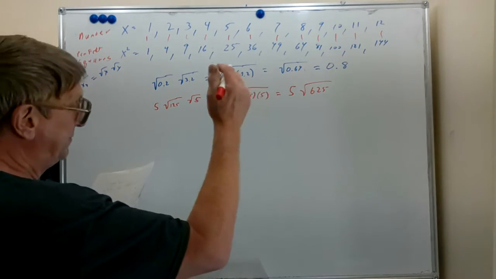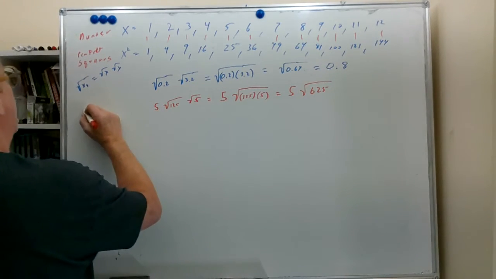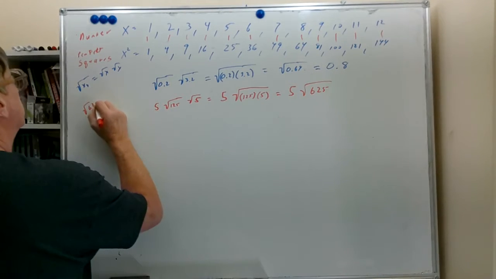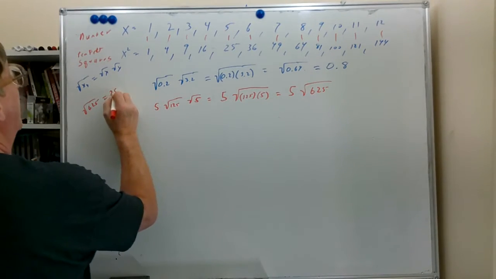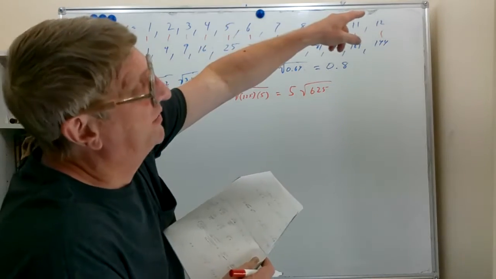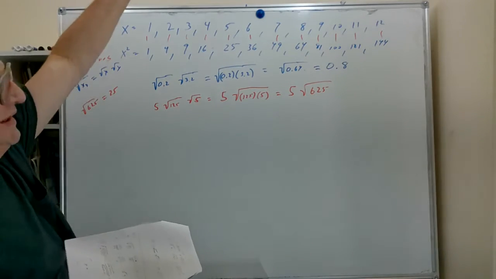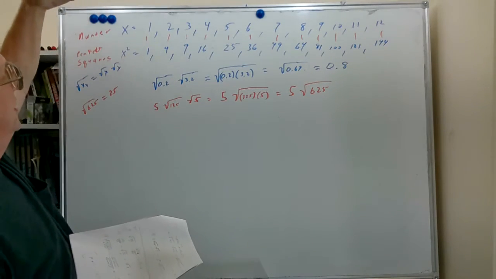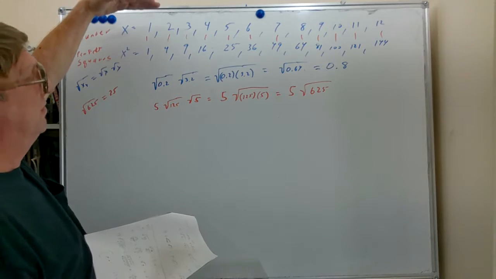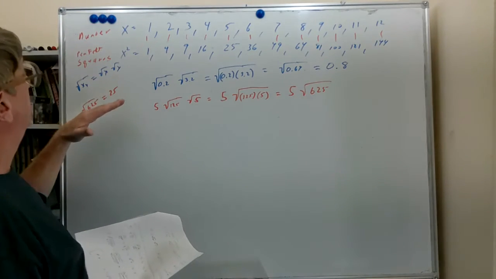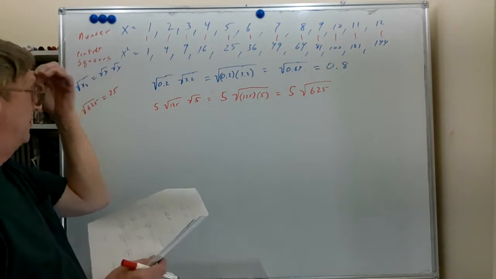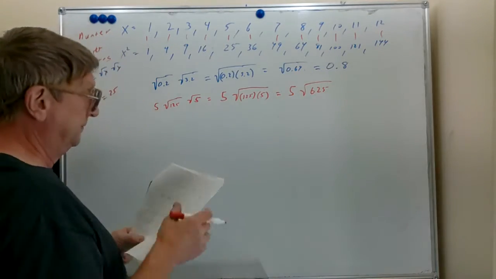We don't have it up here, but the square root of 625 is equal to 25. If we'd gone all the way up, we'd have found 25 in our root number row, and we'd have had 625 in our perfect square row.